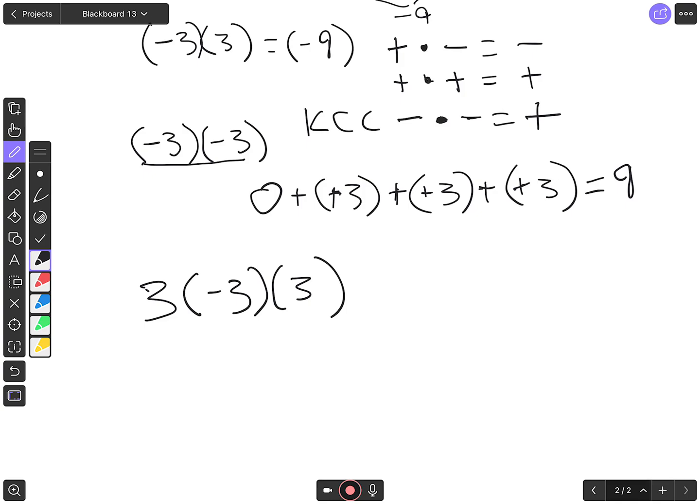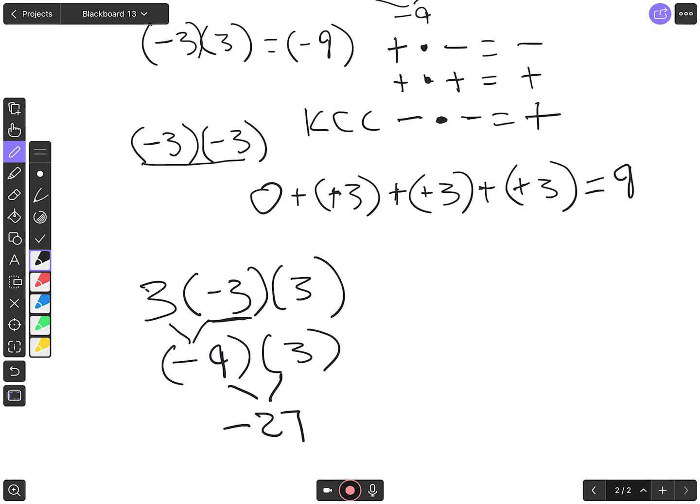But let's just do it kind of the way we've been talking about. 3 times -3 we've already established is -9. Okay, so now I've got -9 times +3, and -9 times +3 is -27. Okay, so I ended up with a negative because there was only one negative.